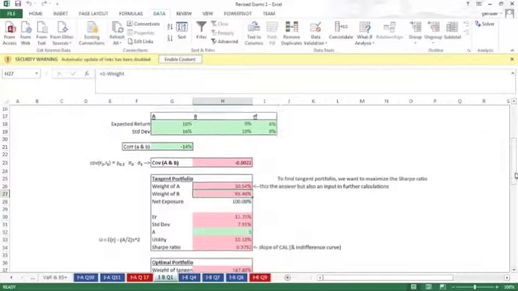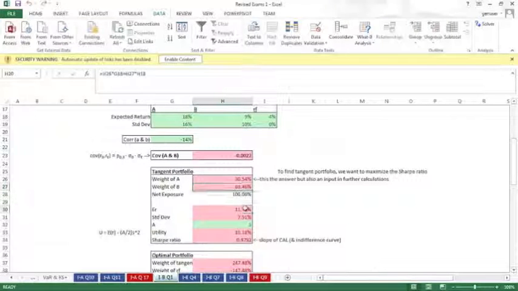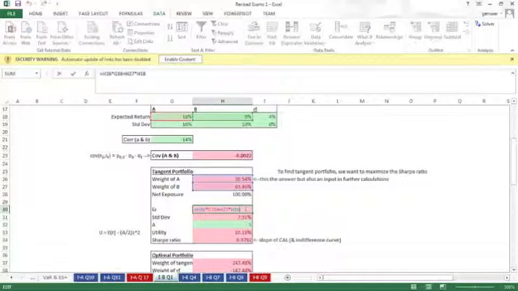And so right here, it gives the ER, which is simply calculated by taking the expected return of the stock fund times the weight of the stock fund plus the expected return of the bond fund times the weight of the bond fund.